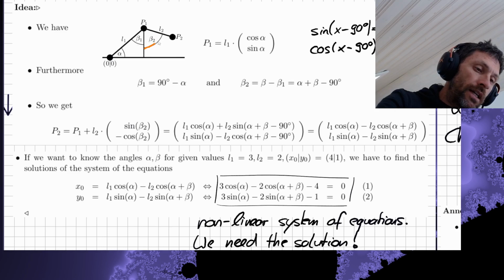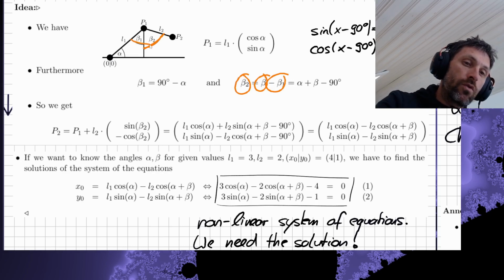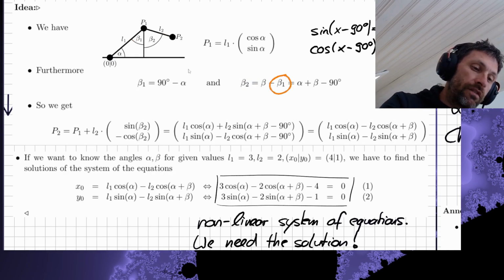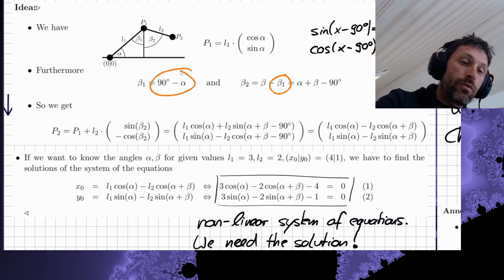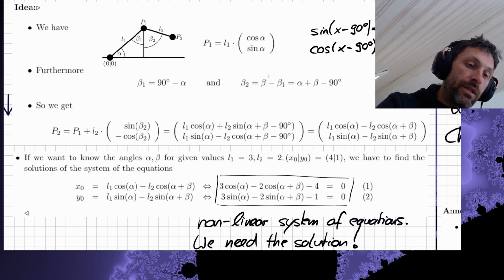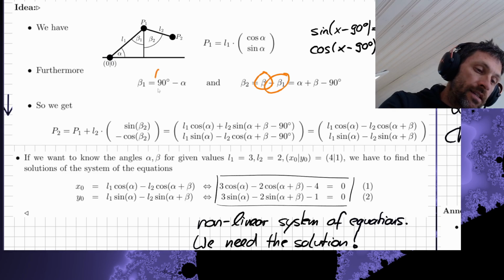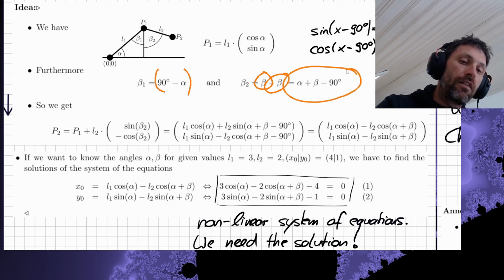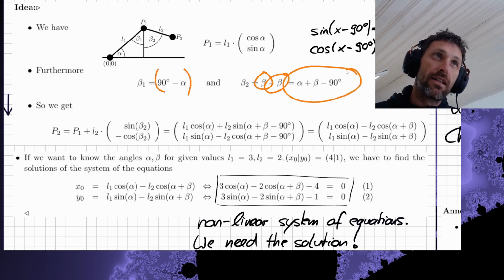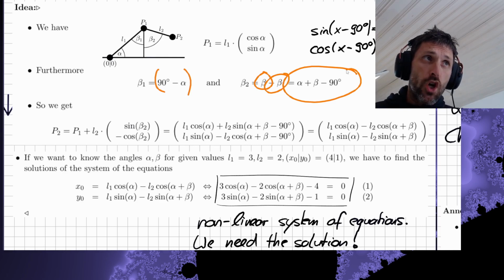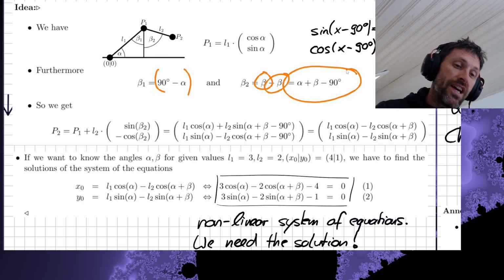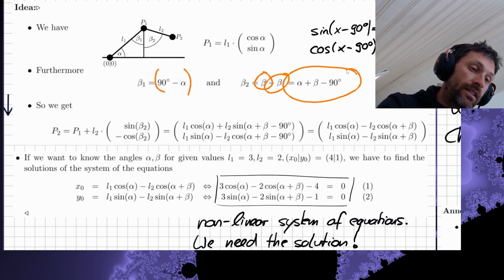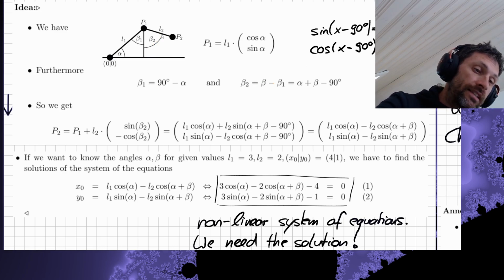And then beta 2 is beta minus beta 1. If you subtract beta minus this one, you will get alpha plus beta minus 90 degrees. So that's the analysis to get beta 2, and now we will find that position.